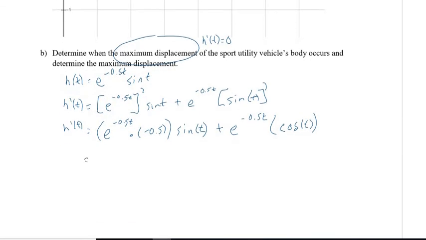So now let's see if we can simplify this a little bit. We have an e to the negative 0.5 t that we can factor out of both of these terms. And then we're left with negative 0.5 sine of t plus cosine of t.